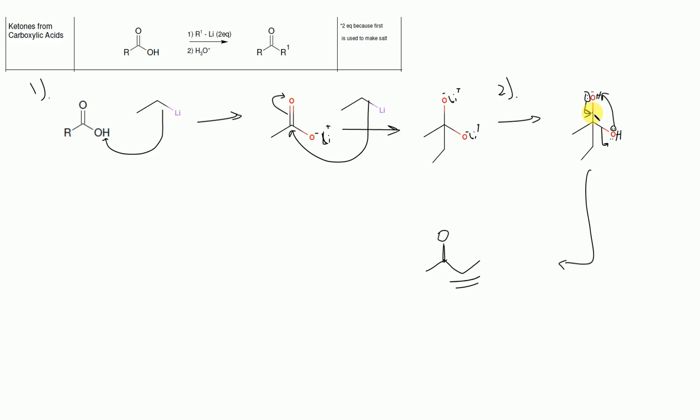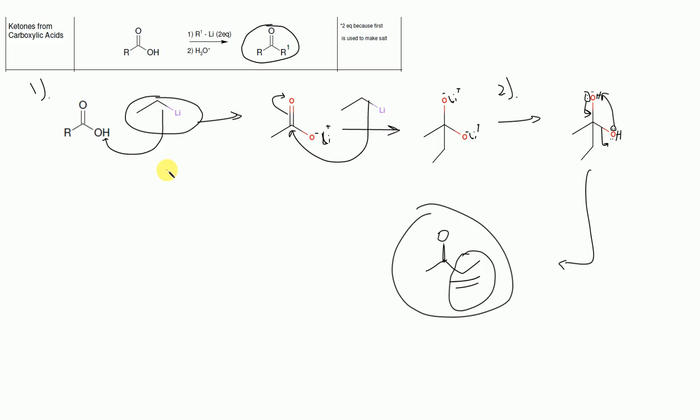That's how it always occurs. And so what you're left with now is the ketone that we've made. Okay? And so my R1 group is this group that I've chosen to add, or it was the butyllithium, I mean the organolithium reagent that we used. Okay? So not too bad. It's a pretty nice reaction.